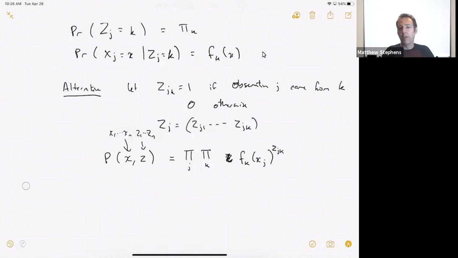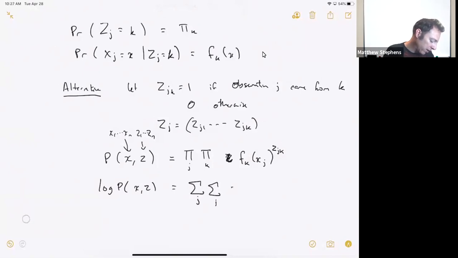Because Zjk is either 1 or 0, when it's 0, that term is a 1, so it doesn't contribute. So the only term that contributes for observation j is Fk, the k for which Zjk equals 1. So this is a convenient way of writing things using this indicator notation.